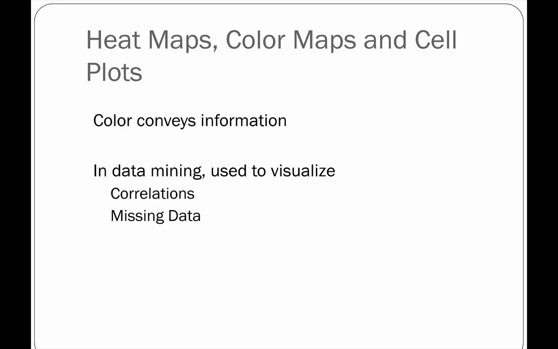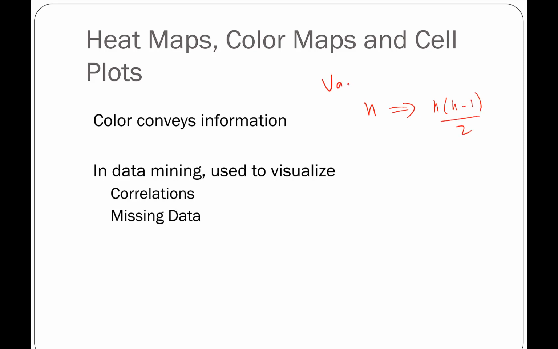Heat maps, color maps, and cell plots. These are 3 additional tools that are very useful. And the idea here is that if you have a very large data set with lots of variables, for example, you could look at the correlation matrix, and when you do that, you're going to see there's lots of correlations, because if you have n variables, then you have n times n minus 1 over 2 correlations.